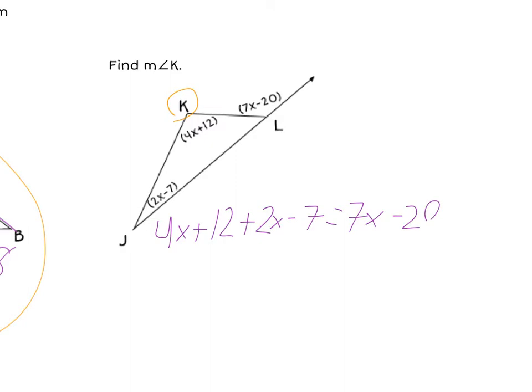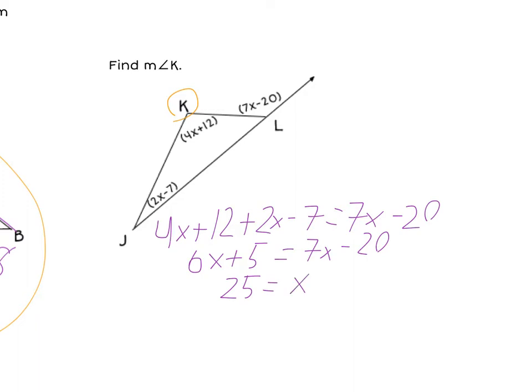Combine our like terms. 6x plus 5 is equal to 7x minus 20. Move our terms around, and we'll end up with 25 is equal to x.